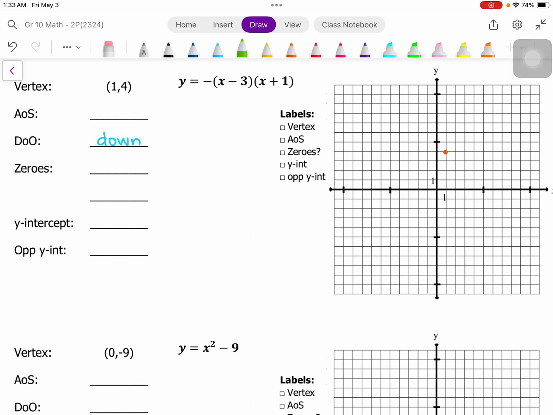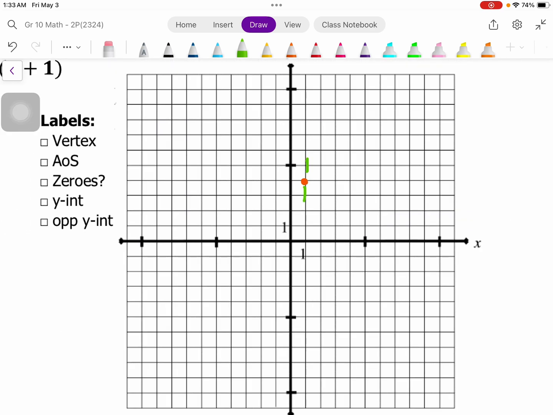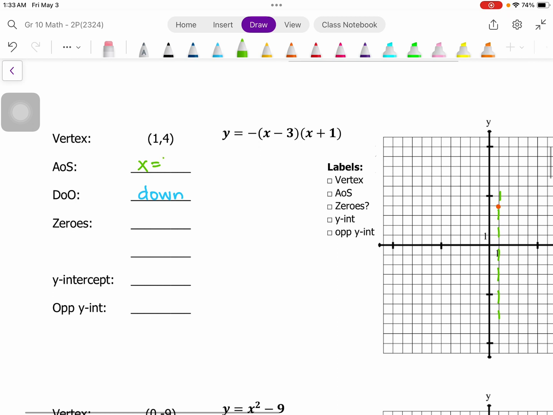My axis of symmetry goes through my vertex, so it's at x equals 1. So I have my axis of symmetry, I have my vertex.